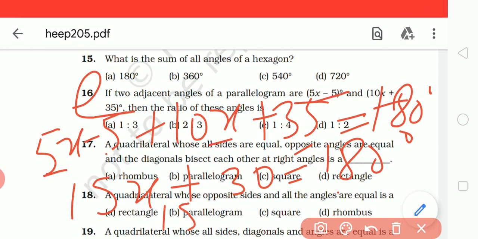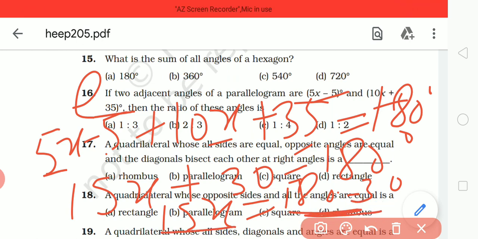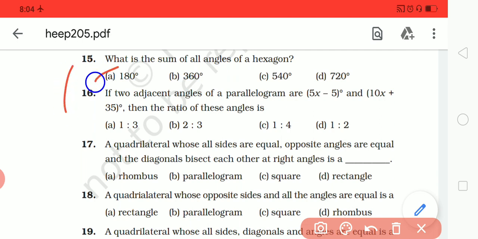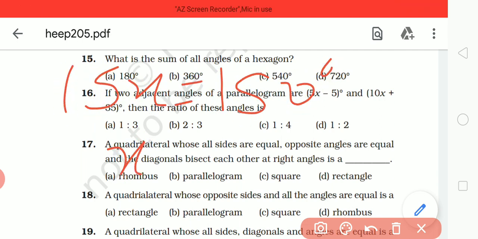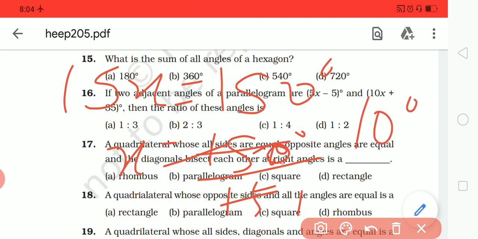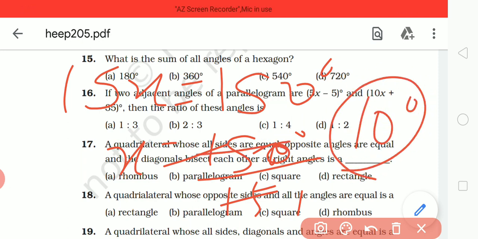Now 15x is equal to 180 degrees minus 30 degrees, which is 150. So 15x equals 150, and x is equal to 150 by 15. You can cut here, 15 tens are 150. So the value of x is 10.